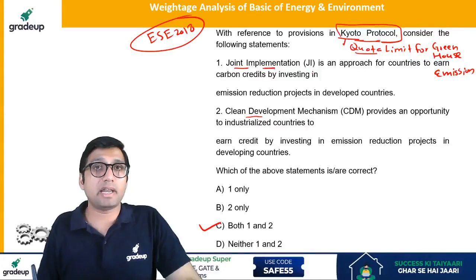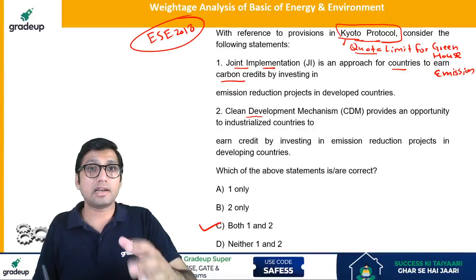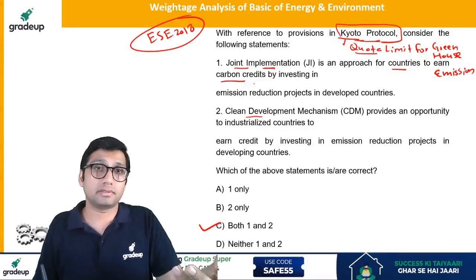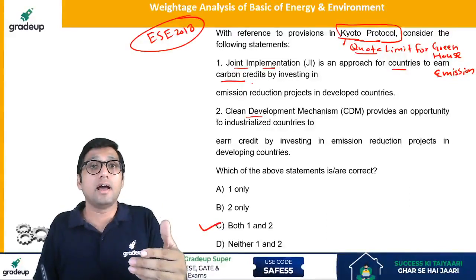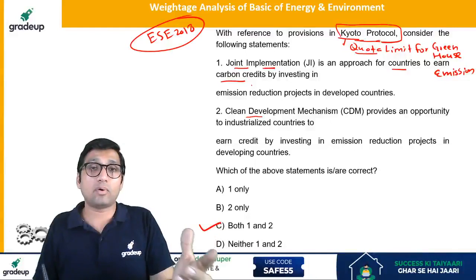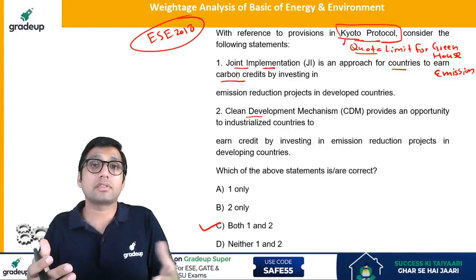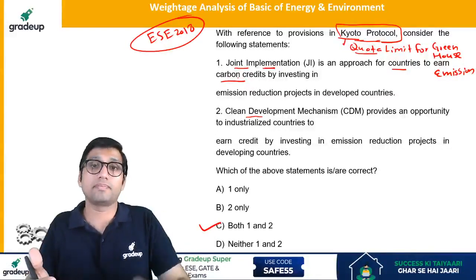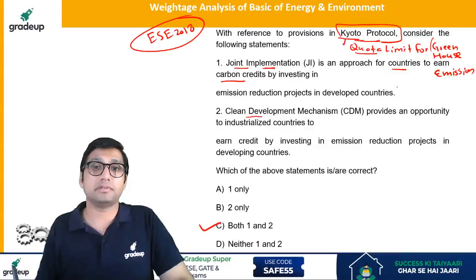Joint implementation is an approach for countries to earn carbon credits. Carbon credit is calculated in terms of the amount of carbon dioxide produced by different activities, especially greenhouse gas emissions.